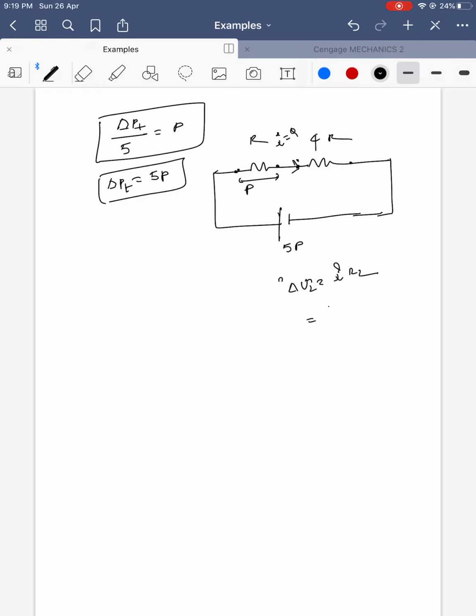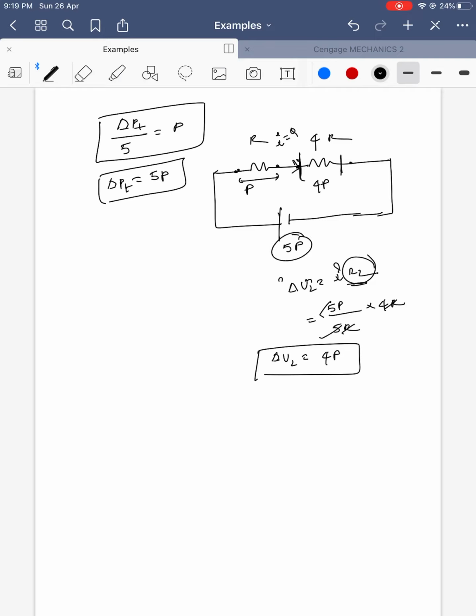I is 5P by the total resistance 5R, into the R2 value, which is 4R. So 5R gets cancelled. Delta V2 is nothing but 4P. The pressure drop across this is nothing but 4P.